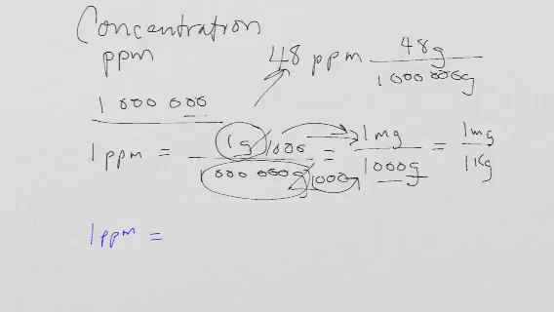So 1 ppm here is equal to 1 gram of substance over 1,000 liters. In this case, we're using liters because it's a liquid. It's some kind of substance in an amount of liquid.